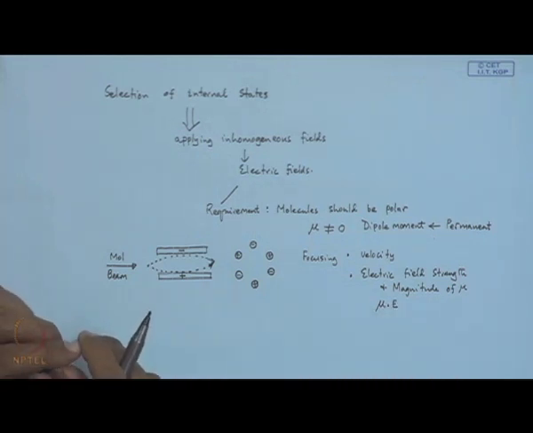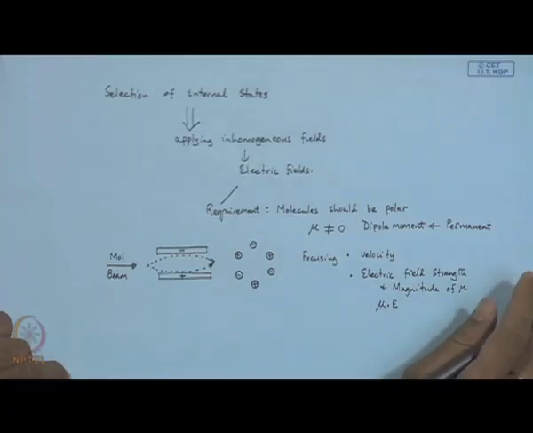Now, the next thing is that you can select internal states. One option is an inhomogeneous electric field. Using an inhomogeneous electric field you can select internal states. There is another means, which is called the laser excitation method.